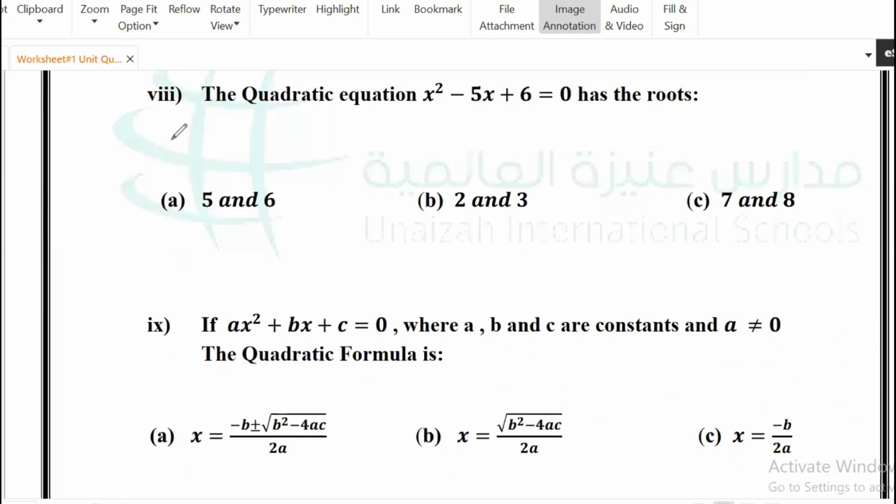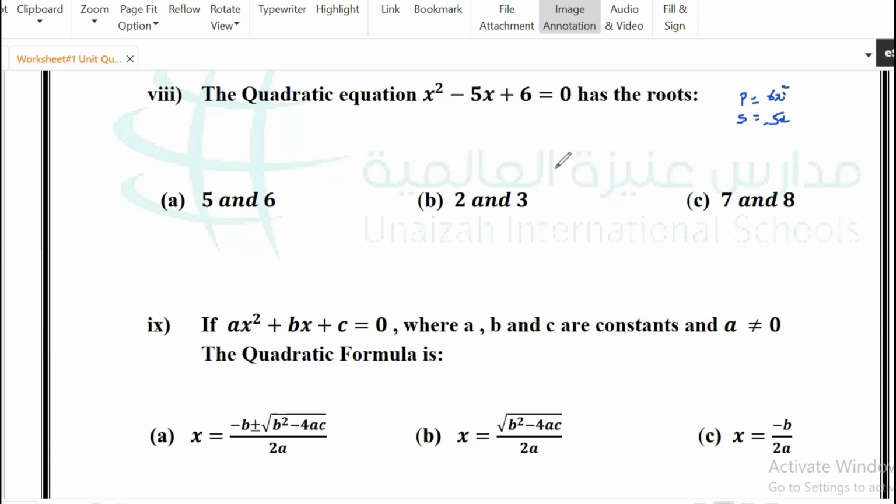Next part, we have the quadratic equation x squared minus 5x plus 6 equals 0 has the roots. Again, we have different ways to solve. One way is factorization, which we already applied in the previous cases. Here we have the product value 6x squared and the sum value minus 5x.